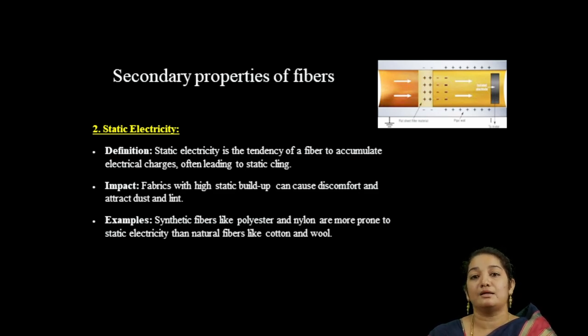Synthetic fibers like polyester and nylon are more prone to static build-up, while natural fibers like cotton and wool do not have this property, so these natural fiber garments are comfortable to wear.